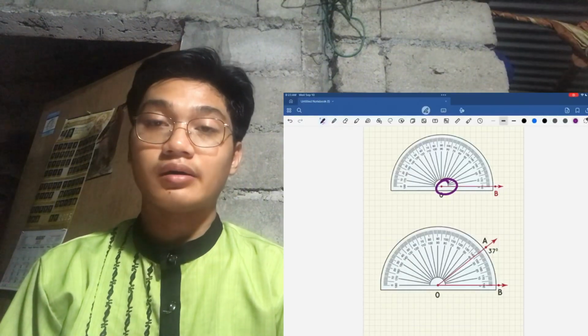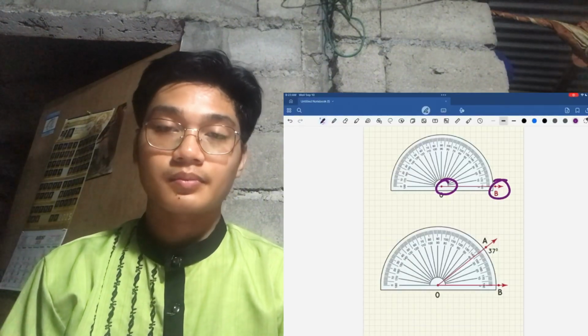So, there are steps on how to measure an acute angle using a protractor. Step 1. Align the protractor with the ray OB as shown below, starting to read the inner scale from the 0 degree mark on the bottom right of the protractor.